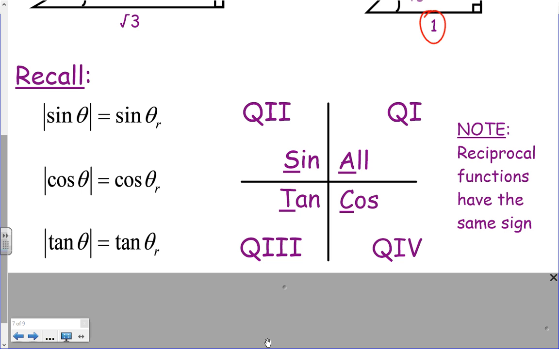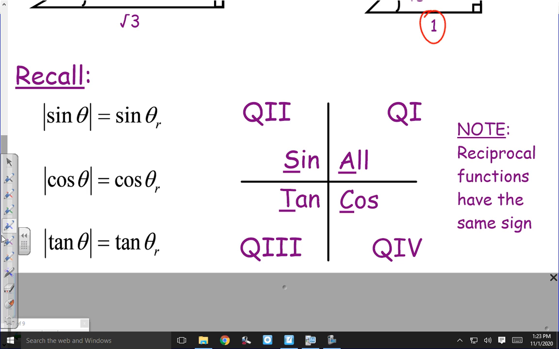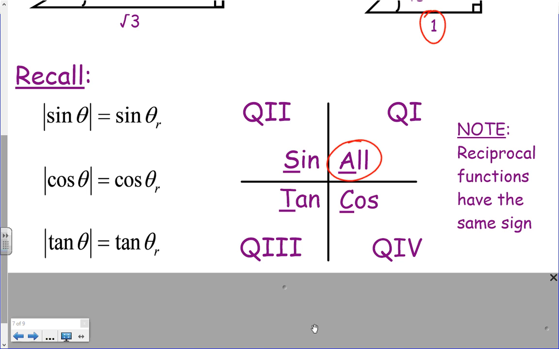When we took the cosine of theta and compared it to the cosine of the reference angle, being that it's positive and acute, it means that it's in the first quadrant if we were to sketch it in standard position. All of our angles in the first quadrant will end up giving us trig functions that are always positive. That's what the all part of this represents, that all 3 of your trig functions are positive in that first quadrant when you deal with angles that fall in the first quadrant.